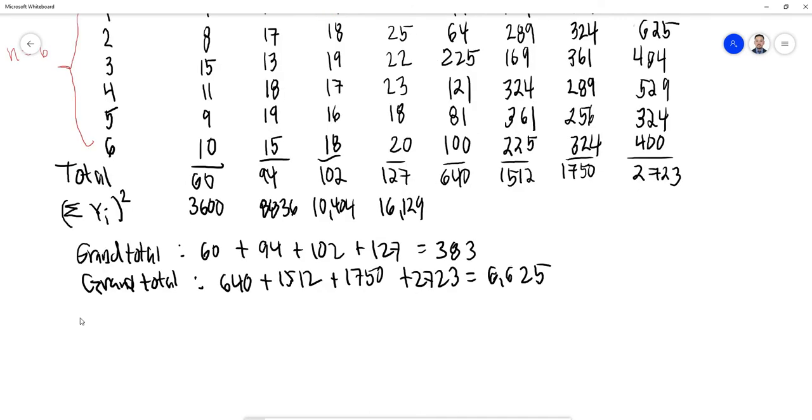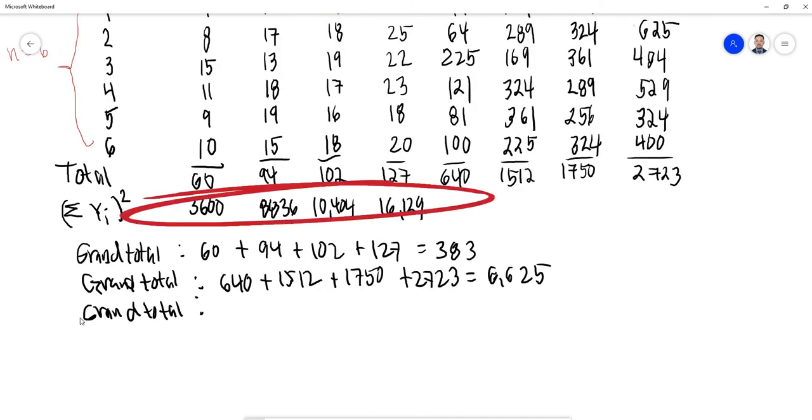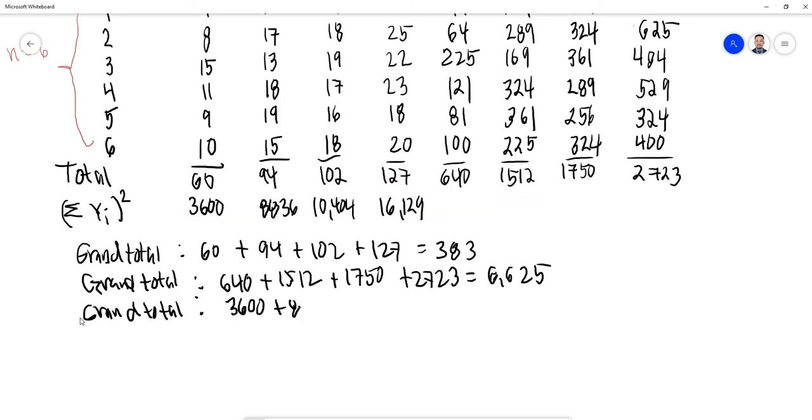Then the grand total for this, we have 3,600 plus 8836 plus 10,404 plus 16,129, which will give us 38,969.